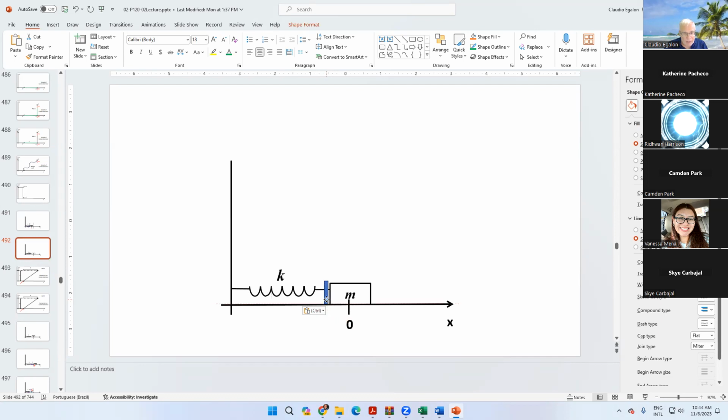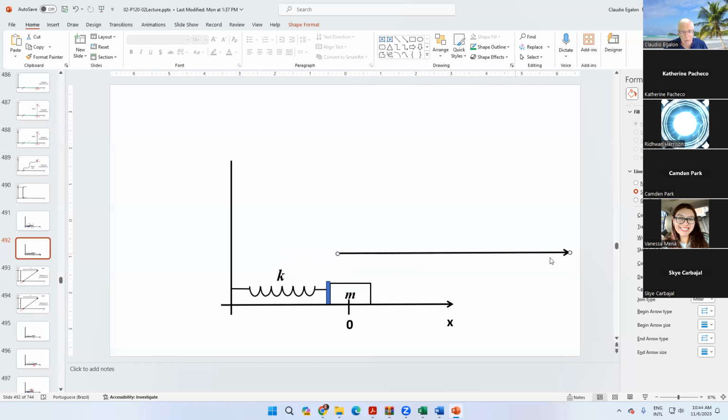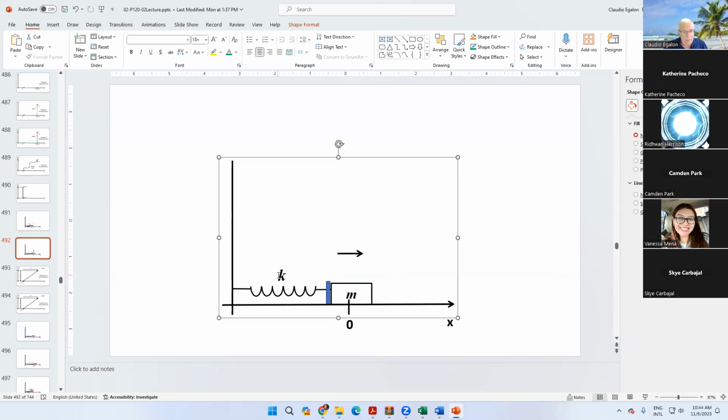The plate is attached to the spring, but is just touching the mass. At this point in time, the force that the spring is applying to the mass is 0. And I can also draw a velocity vector here, like that.